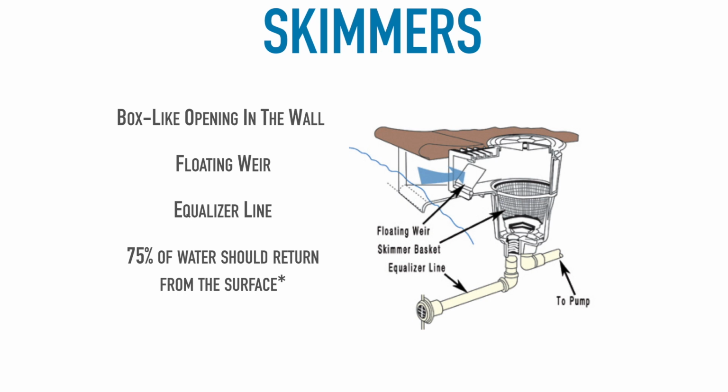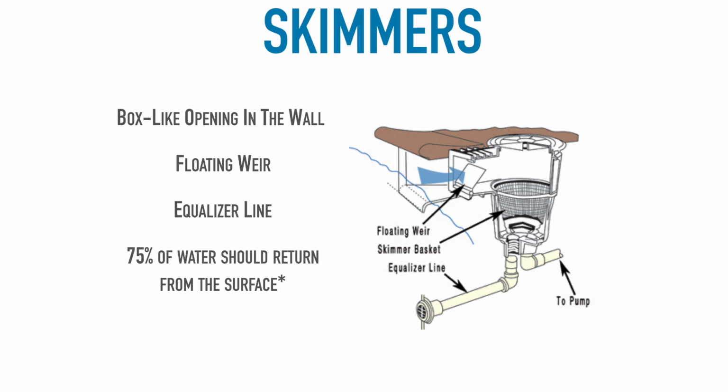So, according to VGB or Virginia Graham-Baker's Pool and Spa Safety Act requirements, we are required to get that covered up. Now, you'll notice at the bottom there of my list, it says 75% of water should return from the surface. If I were you, in my notes section, I would write that down exactly as it's written on my slide.